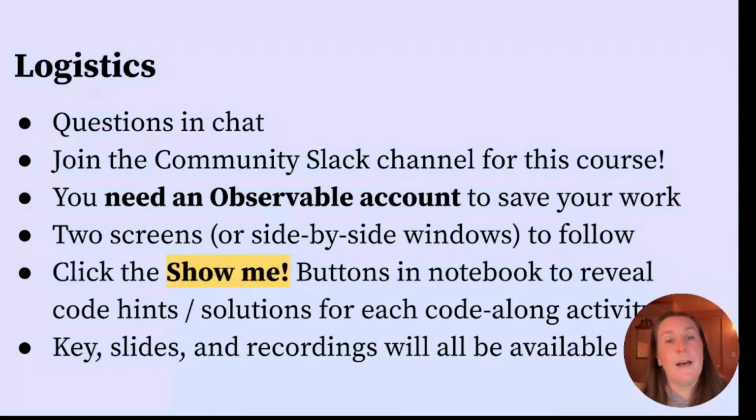So Observable has a community Slack channel. We'll share the link for that, and you can go share there. You'll see there's a bunch of channels where you can have discussions, share what you've been building, ask questions, and engage with the community. It's a really fun place to hang out with folks and learn more from what other people are doing and get help.